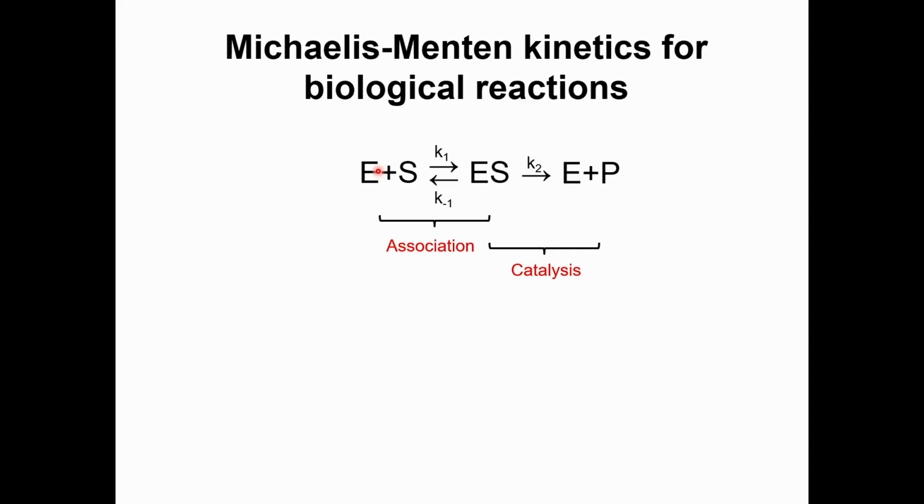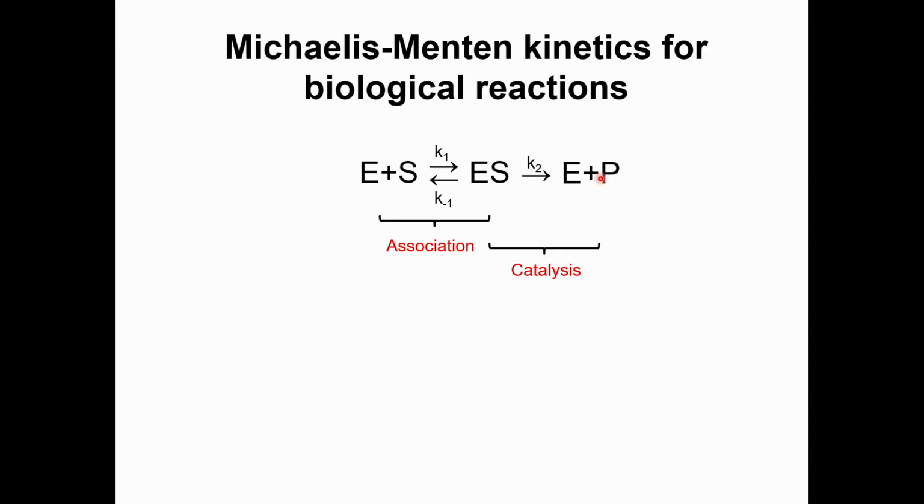The first thing that has to happen is the enzyme and the substrate have to associate with one another. So the first step is association. And then once the enzyme and the substrate are together, then catalysis has to happen, and you go from a substrate to a product. Now, it could be taking something apart, putting something together, but those are the steps.